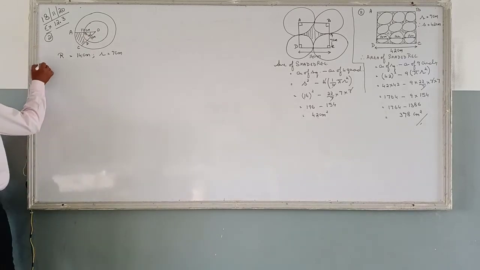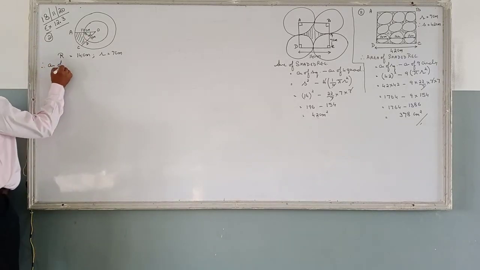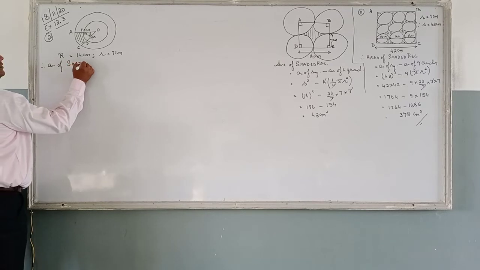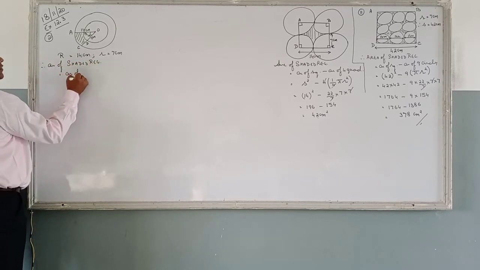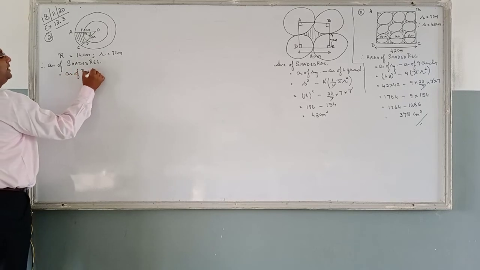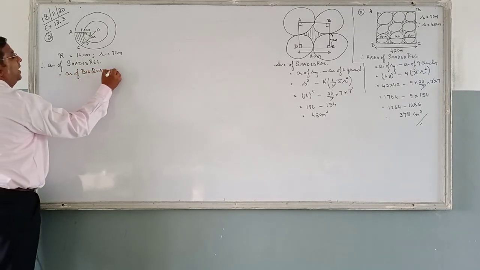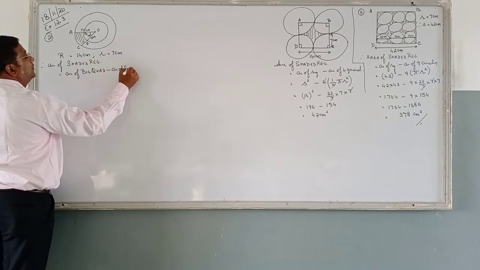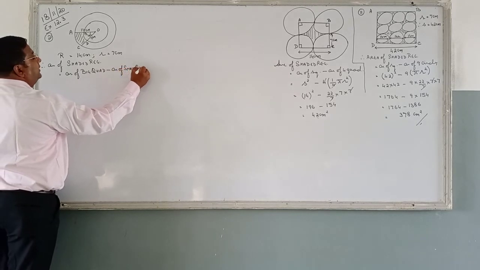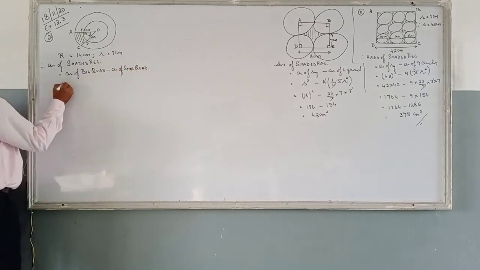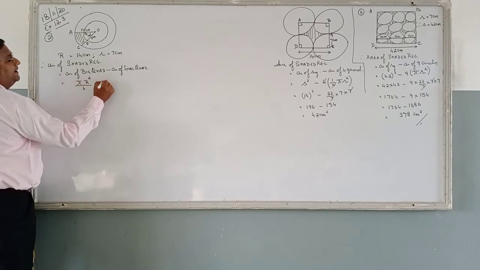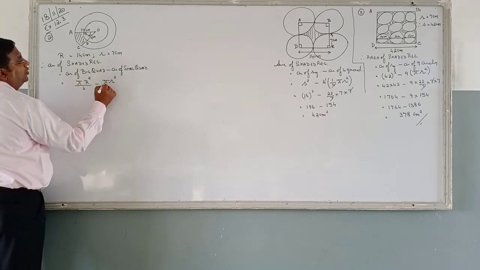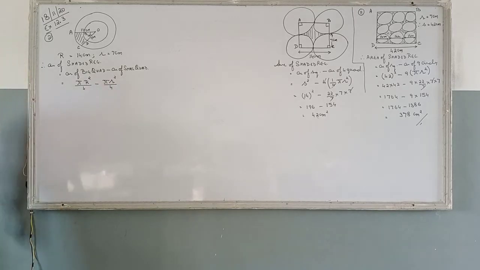So area of shaded region is equal to area of bigger quadrant minus area of smaller quadrant. Area of bigger quadrant, pi capital R square upon 4, minus area of smaller quadrant, pi small r square upon 4. Can you see that?